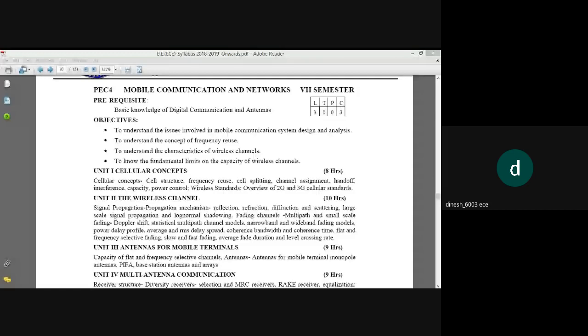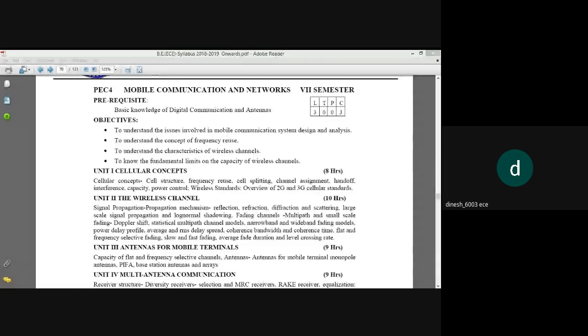Antennas I'll cover when we take unit number 3, because most of the antennas part comes only in unit 3 and unit 4.